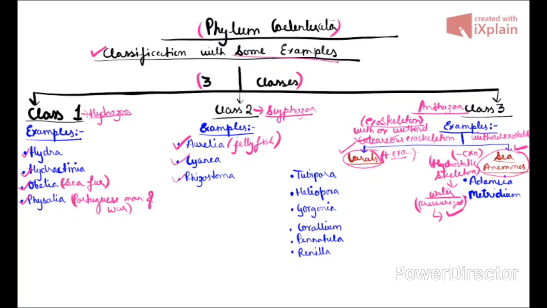The examples of the class Anthozoa consisting of sea anemones are Adamsia and Metridium. Whereas the corals of the class Anthozoa have examples like Tubipora. Tubipora is commonly known as the organ pipe coral.